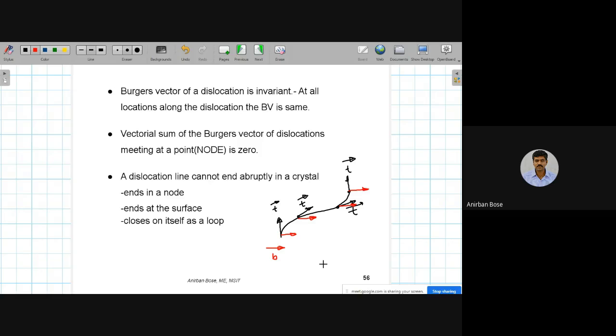Now coming to the next point. That is, the vector sum of the Burger's vectors of dislocations meeting at a point is 0. That point is called a node. That means if you consider a crystal, let us consider this is one Burger vector. This is one dislocation, and let us consider there is another dislocation.